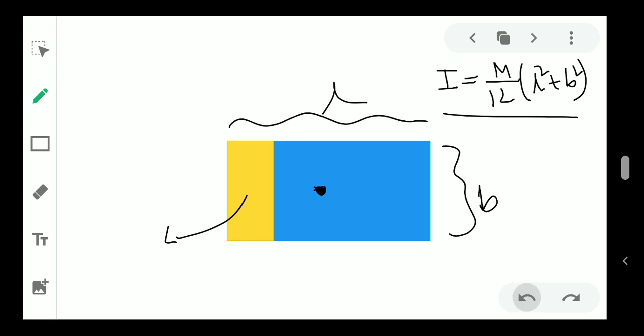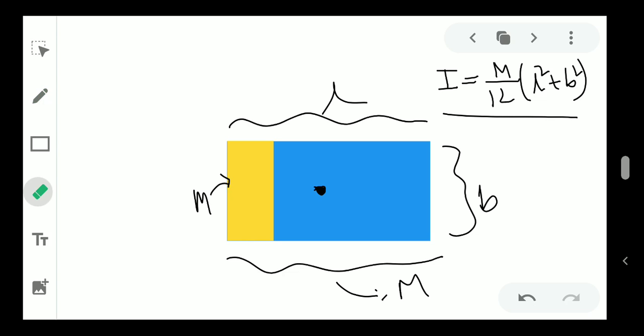You just have to subtract the contribution due to this one. So you have to find out the mass for this one. Let's say the whole mass is given as big M, and this is small m. Whenever you are finding the new distance for center of mass, you have to do M1 r1.